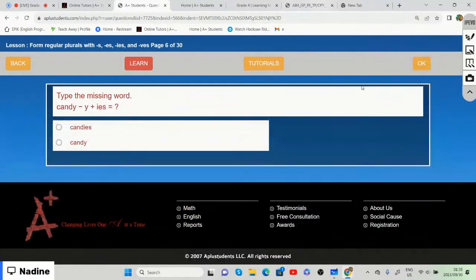The last one is candy plus ies. And remember we said that if the singular word candy ends with a y, we drop the y, we add the ies until we get candies. All right. So candies.